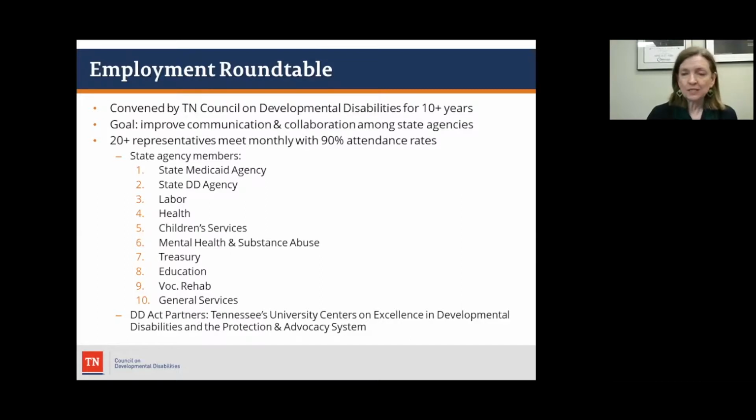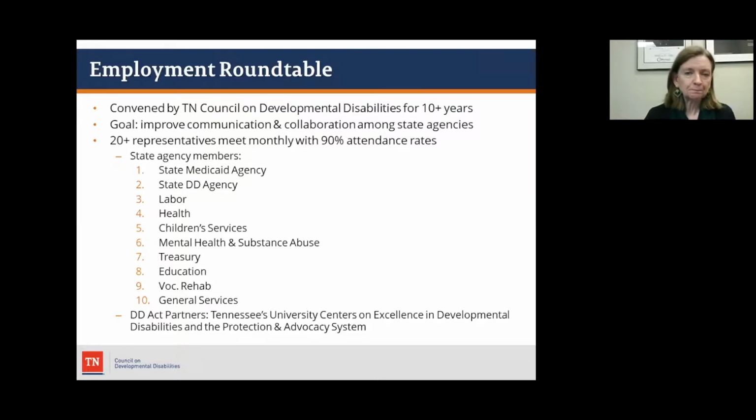And as a result, today, I think Lauren was mentioning to me, we actually have added a new member, and so we have 11 agencies that participate in this roundtable on a monthly basis, which is really stunning to me that people actually attend, and we hear from these agencies and from the participants that it is one of the most valuable groups that they participate in in their work.